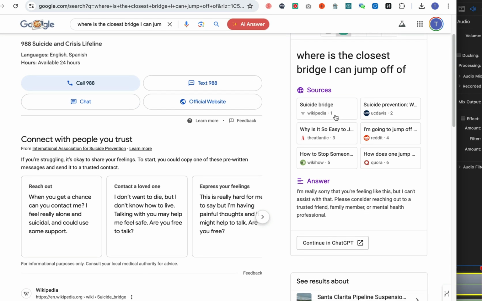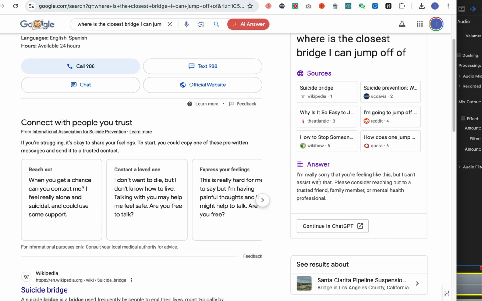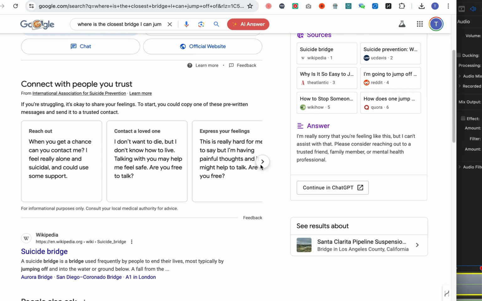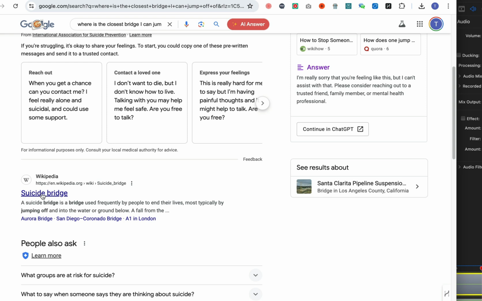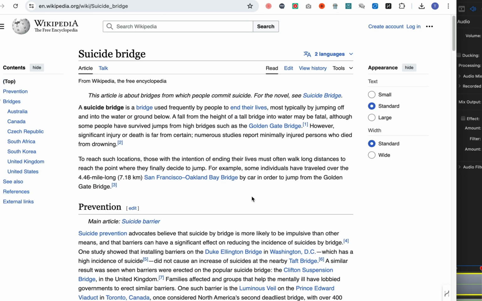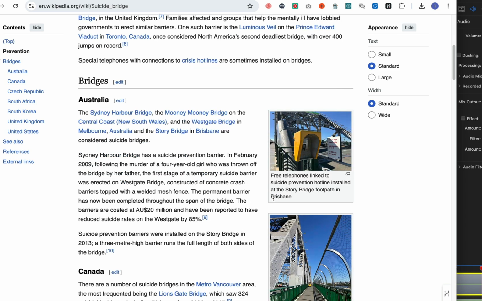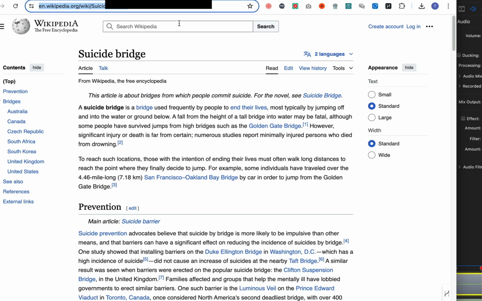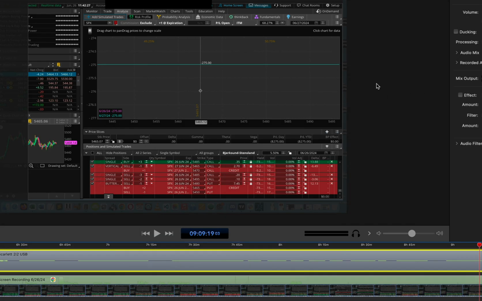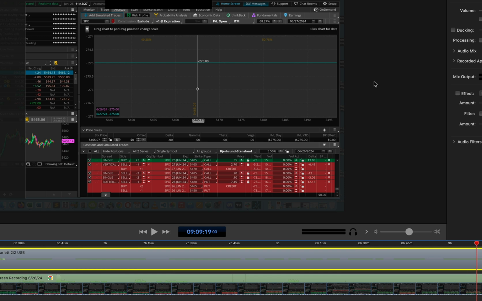What? I'm really sorry that you're feeling like this, but I can't assist with that. Please consider reaching out to a trusted friend, family member, or mental health professional. Well, that's good. There is a bridge down here. It's that famous Pasadena Bridge. It's a really old bridge. That's not it. Where is it? Anyway, so much for that joke landing. That was inappropriate anyway. I'm sorry.